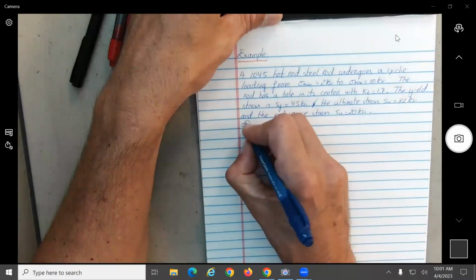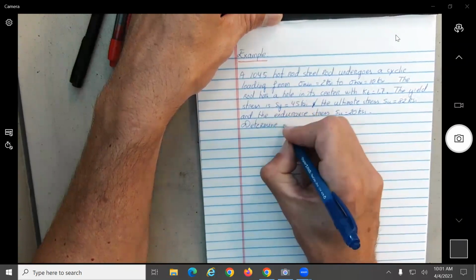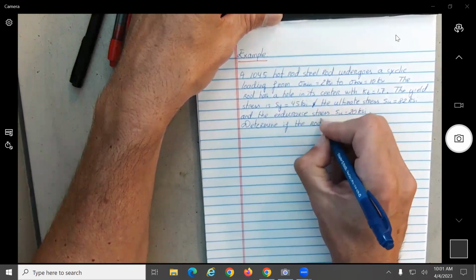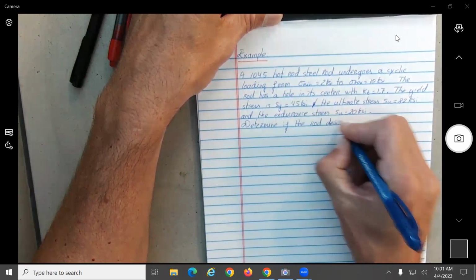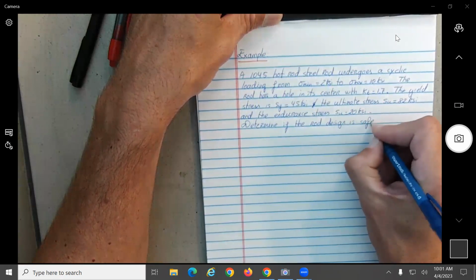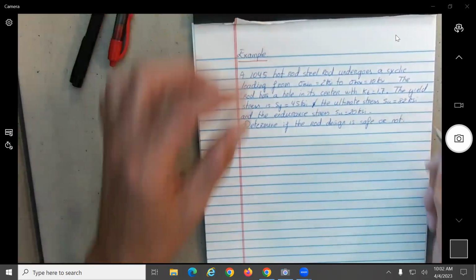Determine if the rod design is safe or not.